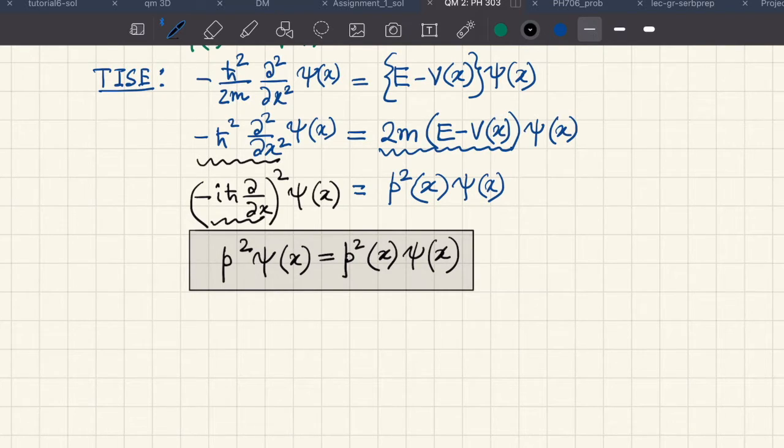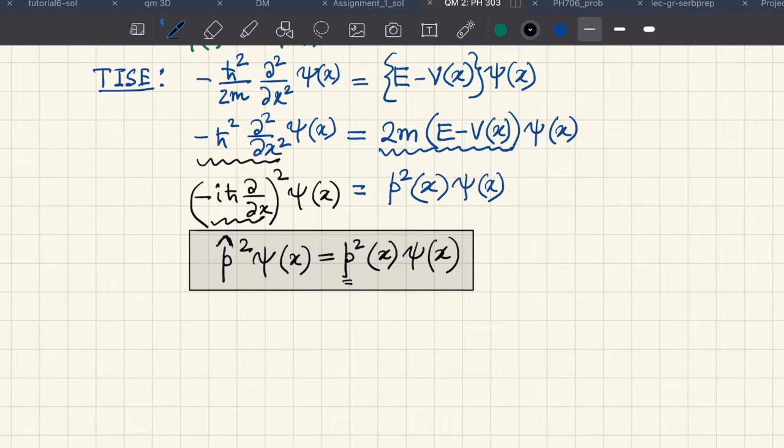where we know that this is an operator. To distinguish from this p, let me put this hat on top of this p, which denotes that this p on the left hand side is an operator, while on the right hand side we have p² as a function of x. So this equation looks very close to being an eigenvalue equation, but it is not exactly an eigenvalue equation.